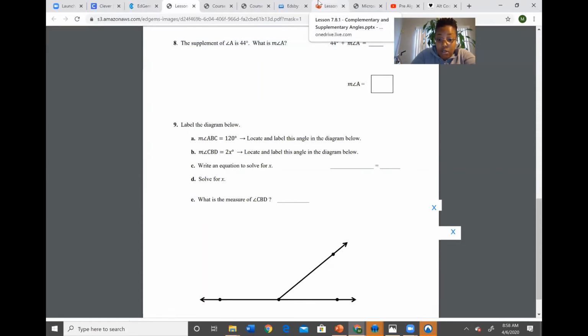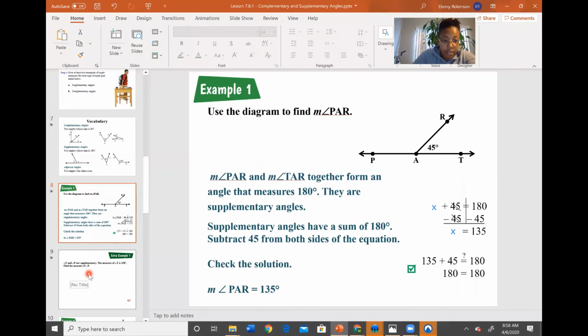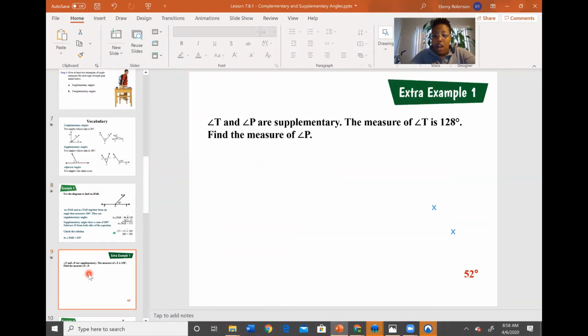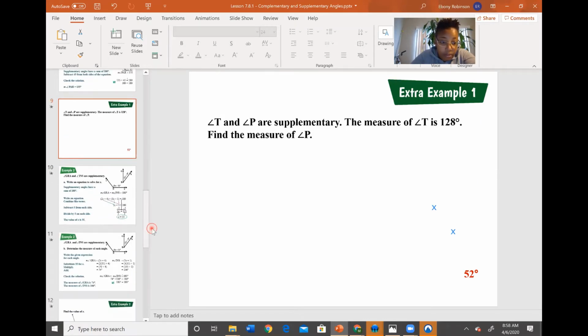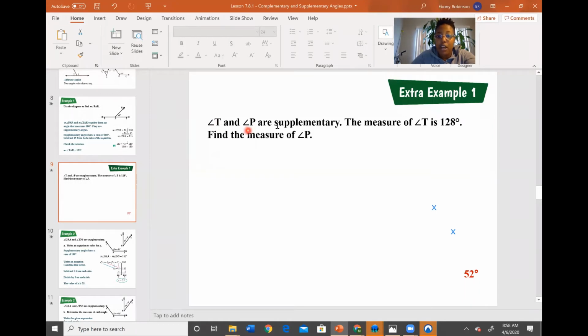Going back to my presentation. There we go. All right, look, they gave us an extra example. Angle T and angle P are supplementary, straight line, 180.